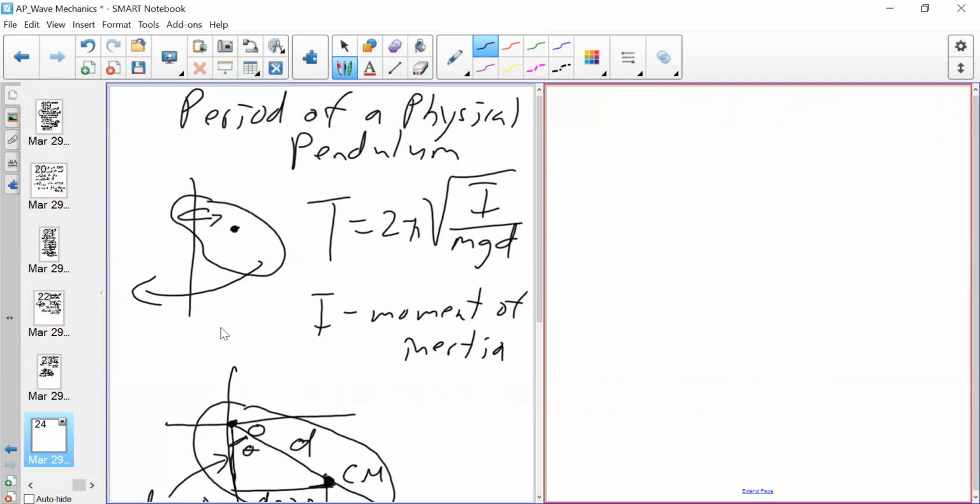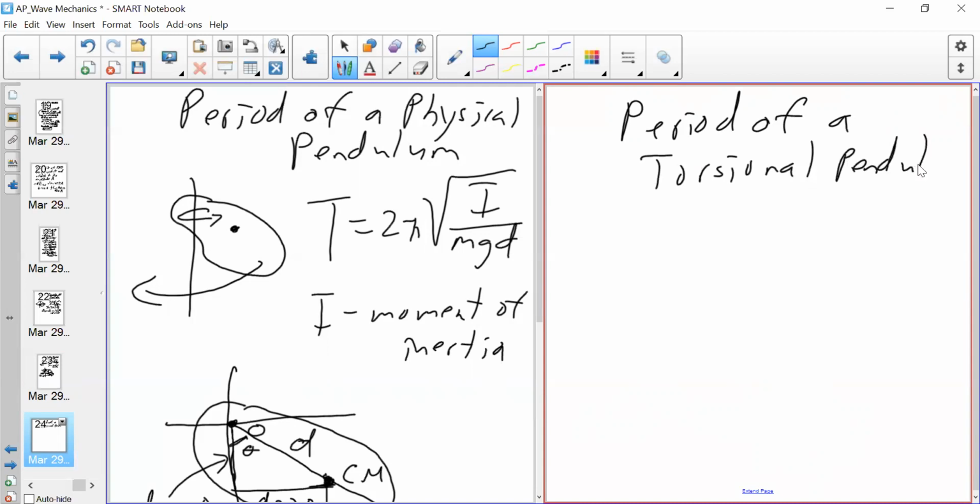Then you can take that mass and contort it, create torsion or tension in the string, and let it go, and it bobs back and forth, left to right. But there's a better picture in 15.5, and that looks like something like this.